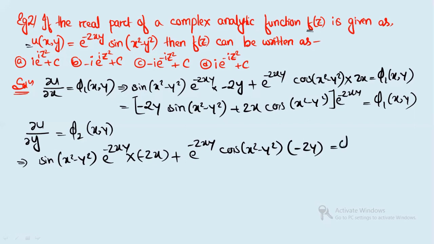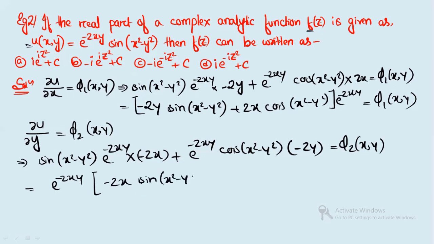This is phi 2 of (x, y). So we write it again, taking e to the power minus 2xy common: minus 2x sine (x square minus y square), and again minus 2y cos (x square minus y square). This is equal to phi 2 of (x, y).